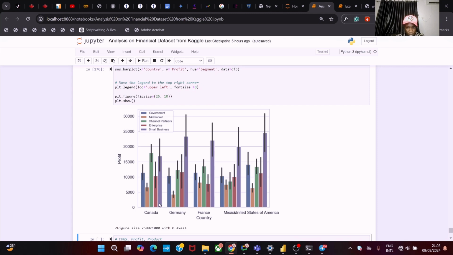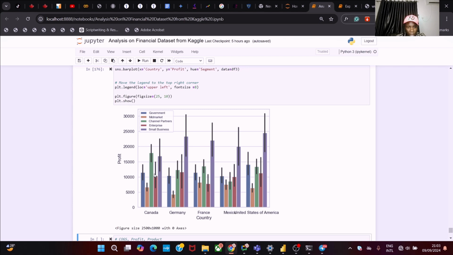For Canada, the profit for governments is this. Then for the same Canada, the profit for mid market is this, then the profit for channel partners is this. The profit for enterprise is this, and the profit for small business is this.